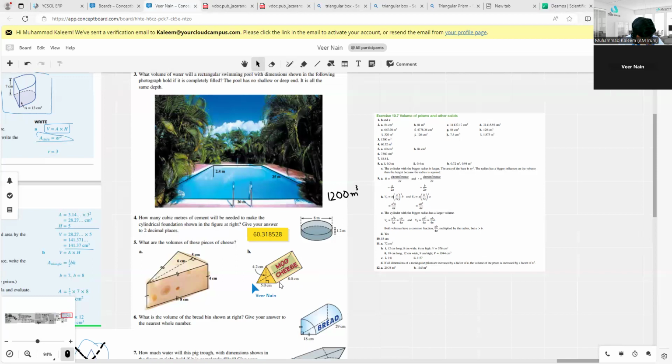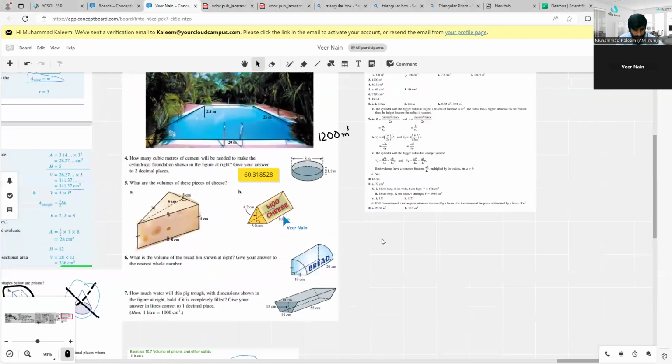So this one is a triangular prism. These are the 6 pieces of cheese. So this means that instead of multiplying everything together, we could just find the area and then multiply it by the height.